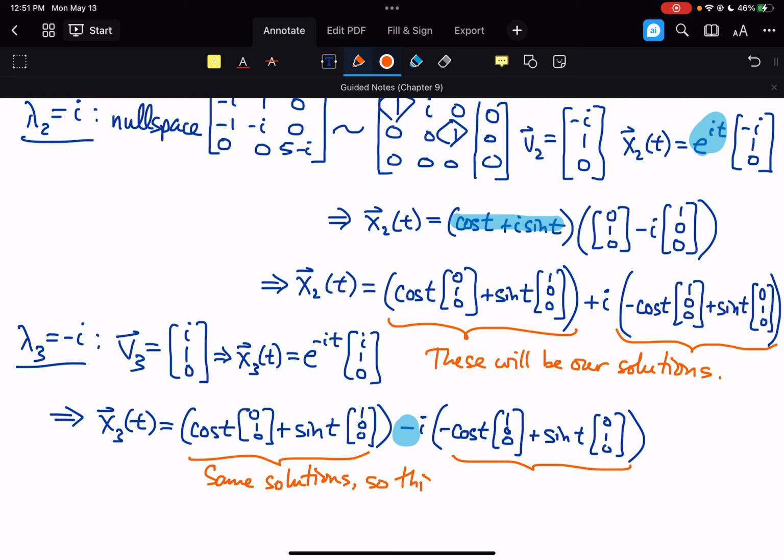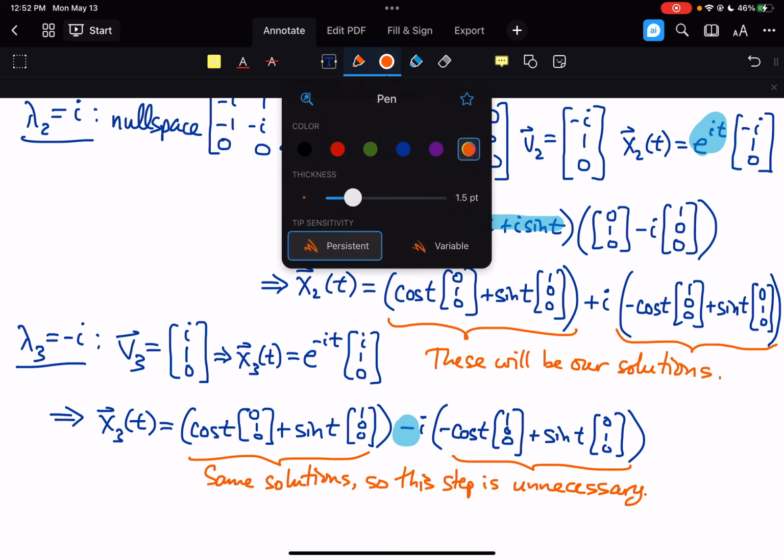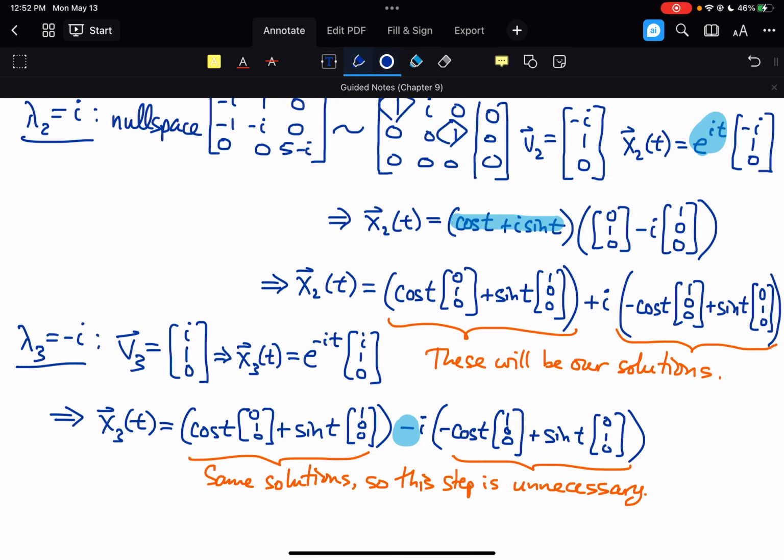So this step is unnecessary. We don't have to worry about finding the solutions for the complex conjugate because it will ultimately provide the same solutions.